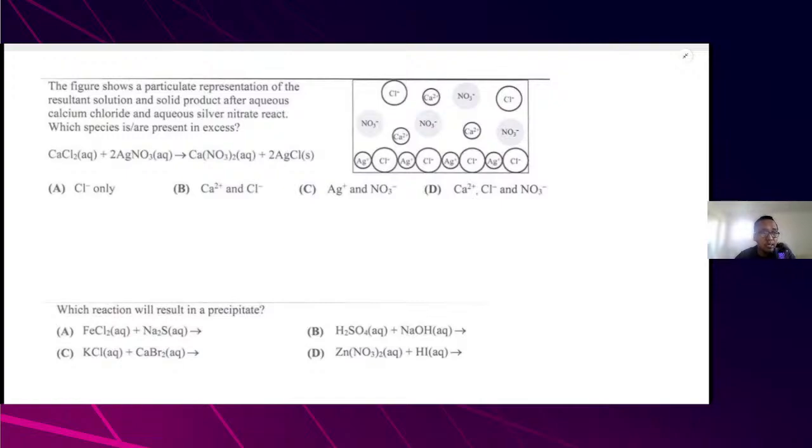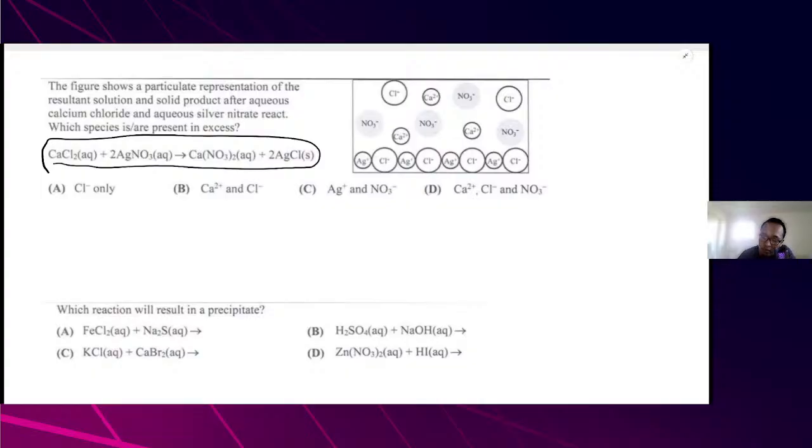Let's break it down like this. Identify the reaction type first. This is the equation, given reaction, and now identify the reaction type. This is a precipitation reaction.